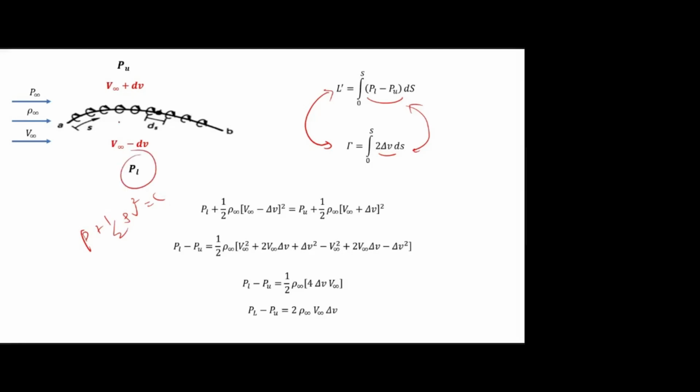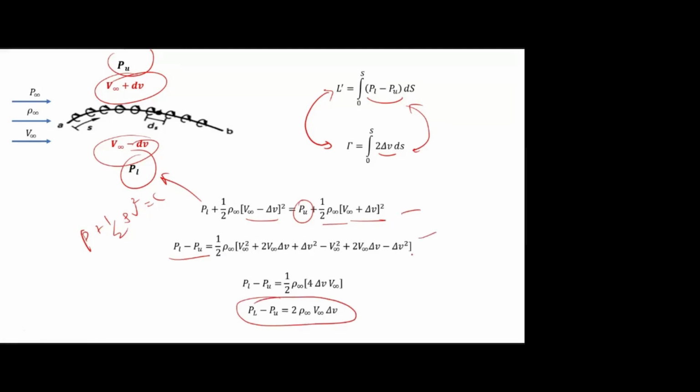So apply that on the upper and lower surface. First the lower surface, PL plus half rho V squared, then the upper surface, PU plus half rho V squared. Then rearrange because we need PL minus PU. Rearranging and simplifying, we get PL minus PU is 2 rho V infinity del V.